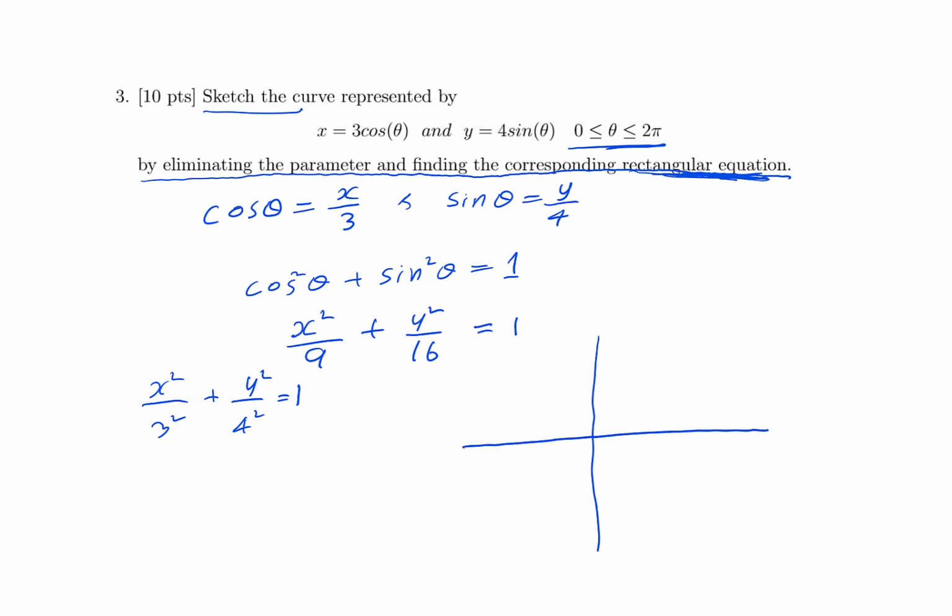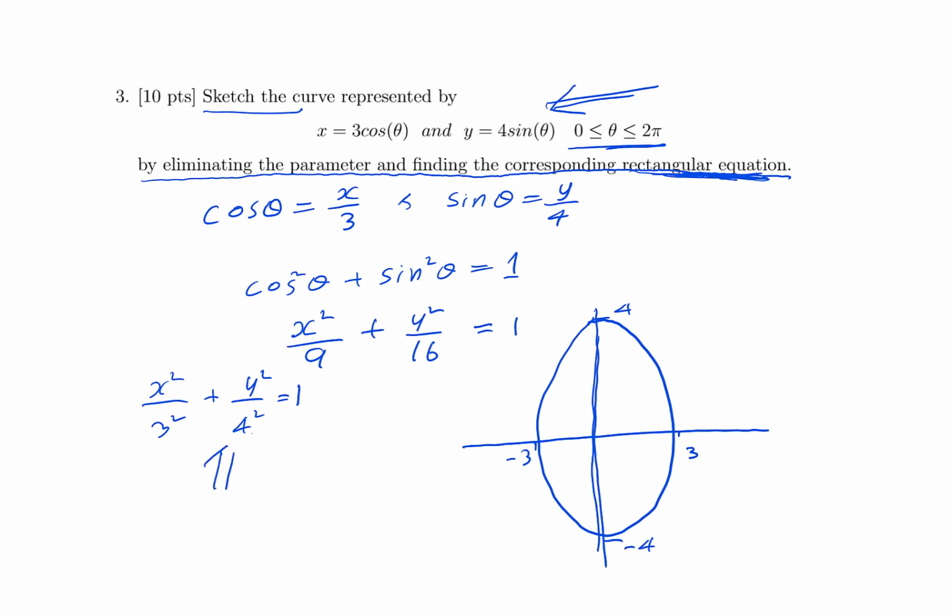So for the y, this should be 4 like this, then I will go that way. Okay, yes, so 4 is better, right? This should be -4, this should be -3, this should be 3. So that is actually an ellipse, right? The parametric equation is what? This is the parametric equation, x equals 3 cosine theta and y equals 4 sine theta, and this is the rectangular equation.